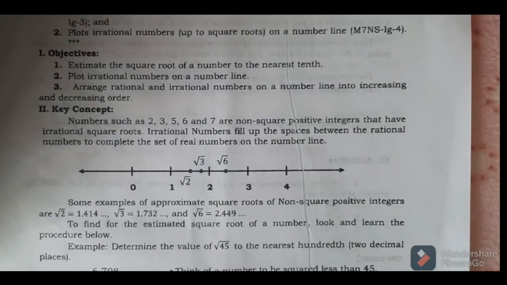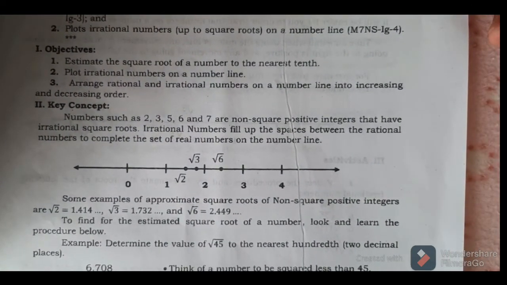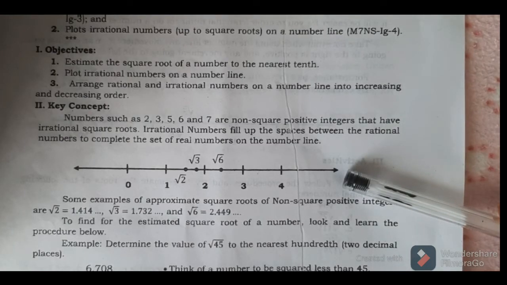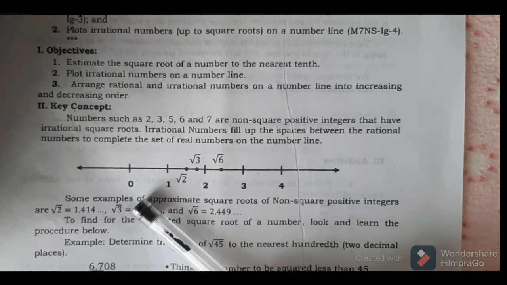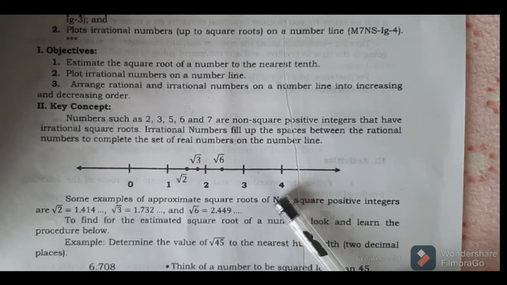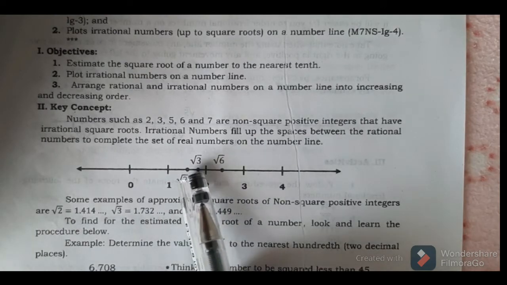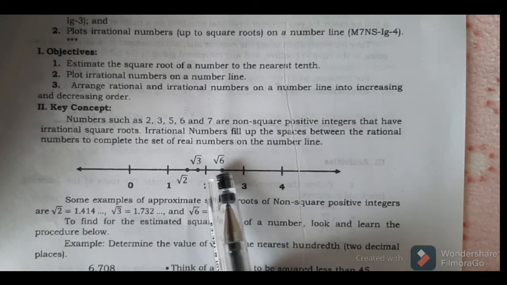So for our key concept, as you can see here, we have a number line. It starts with 0 up to positive 4. And then, as you can see, meron tayong mga square root. Ayan, naka-plot na siya. Okay?